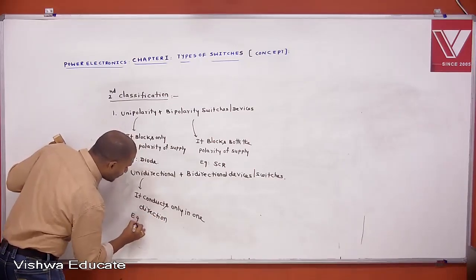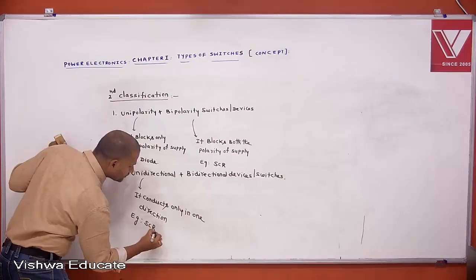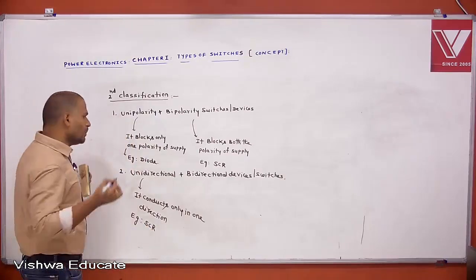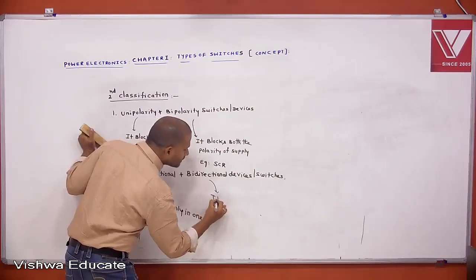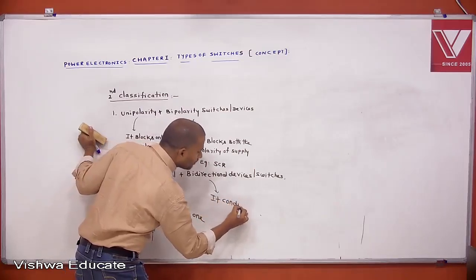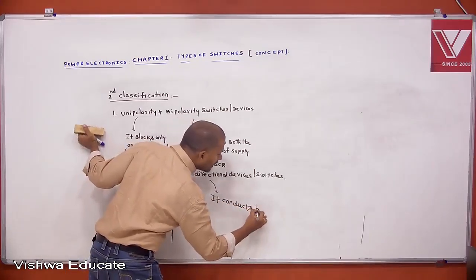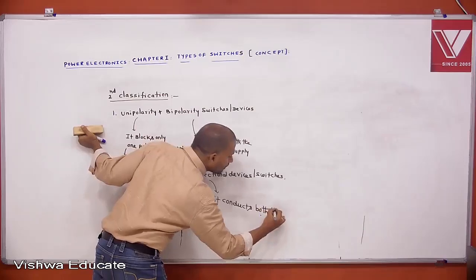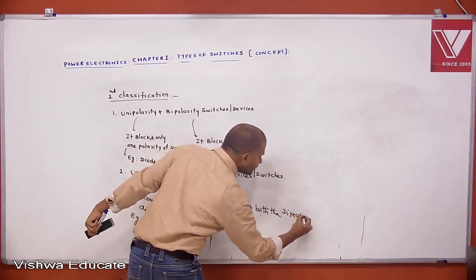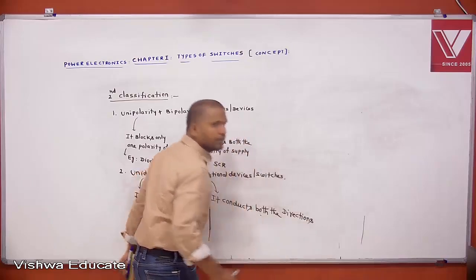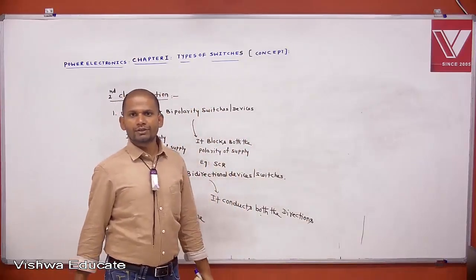One of the examples is SCR. So many examples are there. Bidirectional means it conducts in both directions.